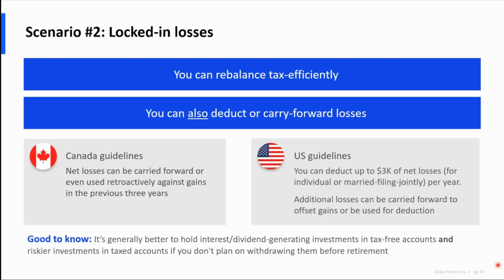Again, I am not an expert on actually doing the filings, so I don't know which box you check to do that in Canada, but it is something to consider in your investment strategy, because I can use them retroactively against the capital gains that I paid before.